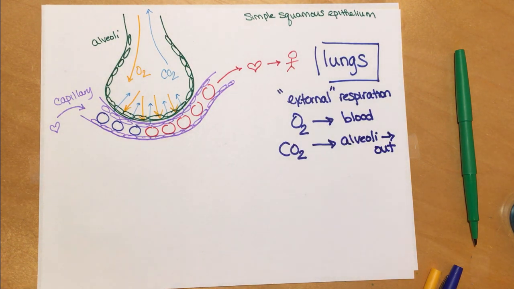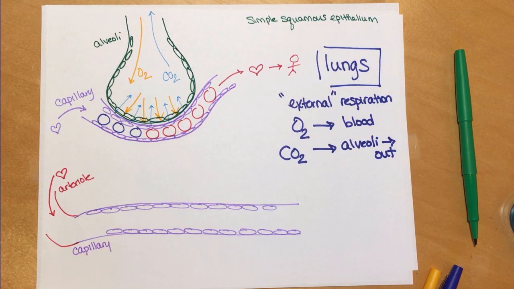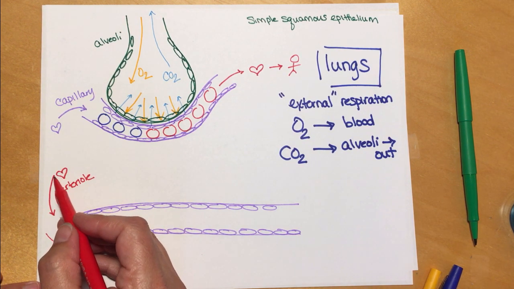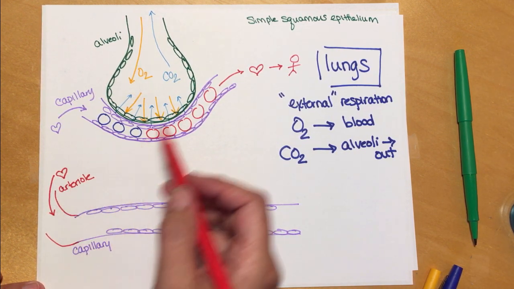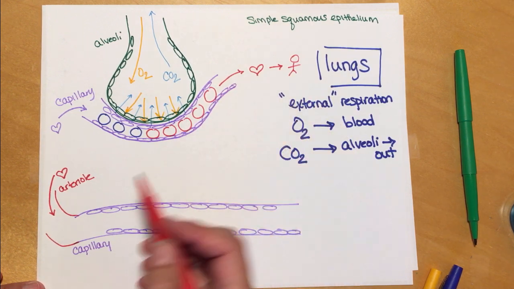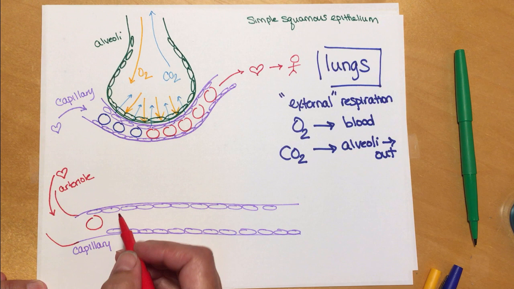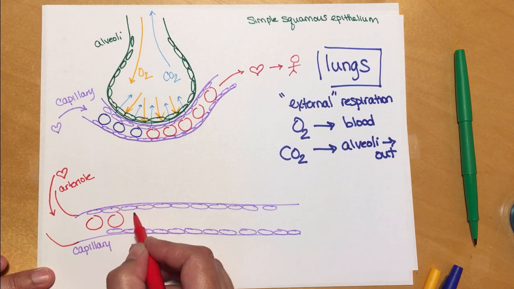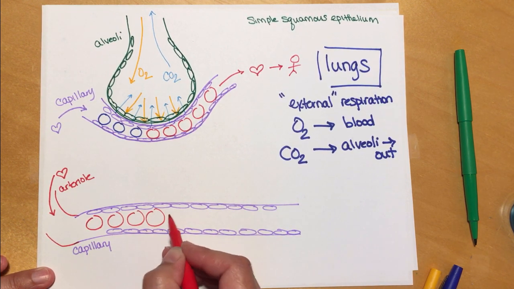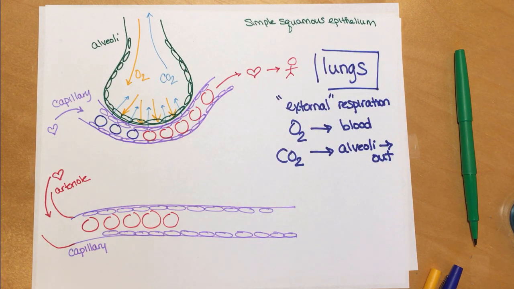Okay, so let's draw what happens at the other end. Here we are in a capillary. Blood is coming from the heart. It's oxygenated because it already picked up its oxygen, and we're entering the capillary bed. So let's draw the red blood cells here. And remember, we learned all about tissue exchange already.